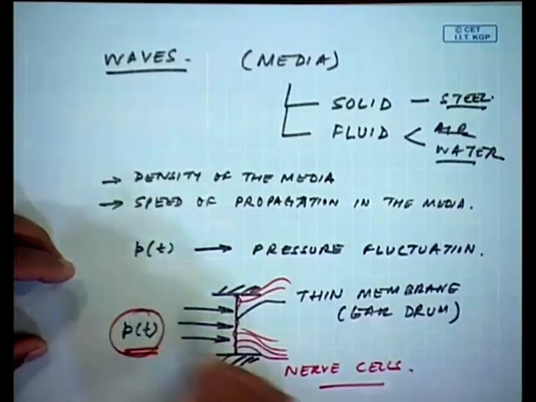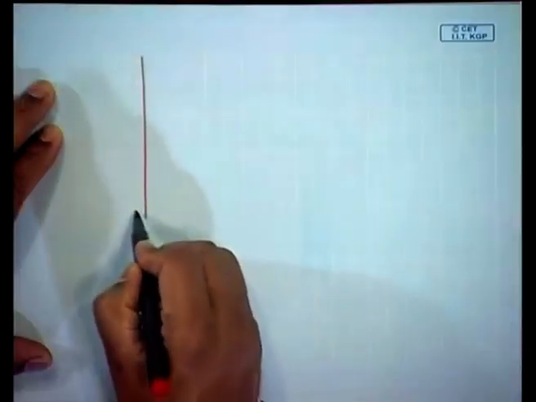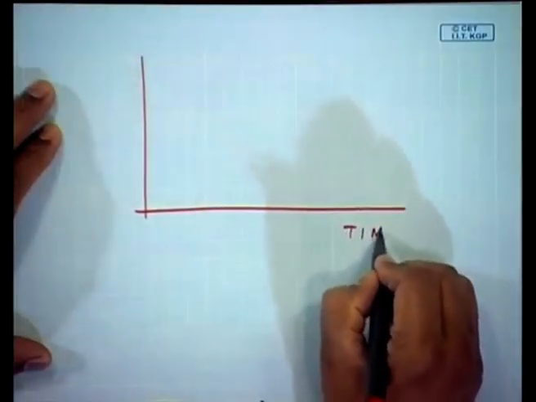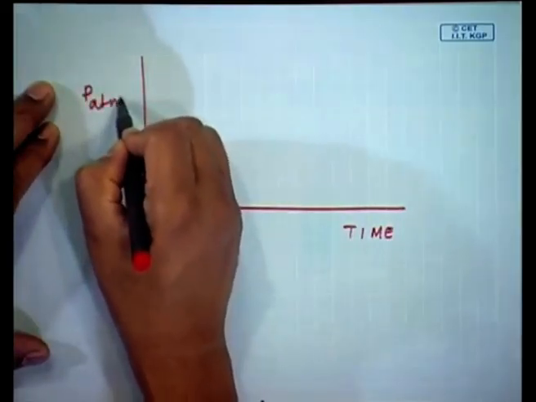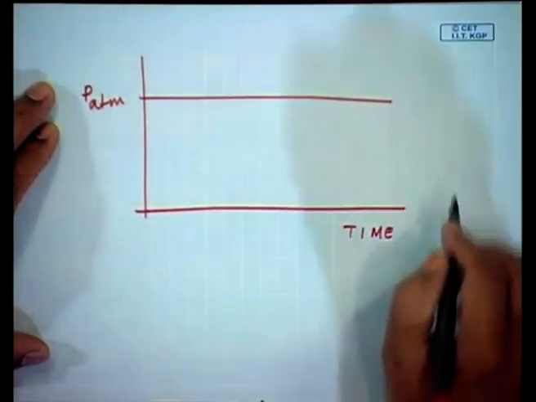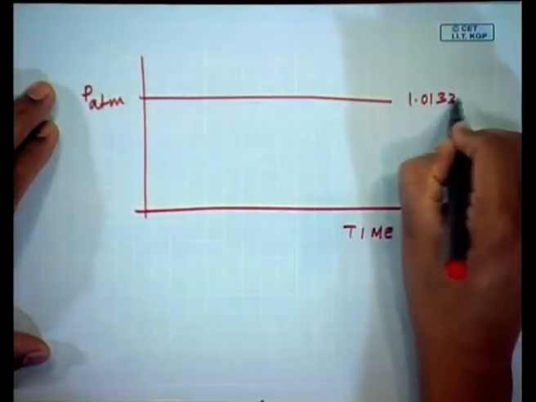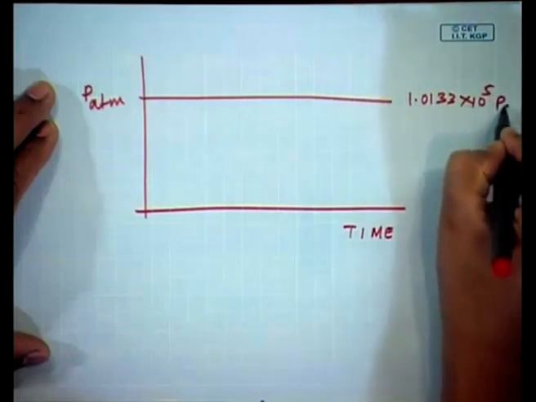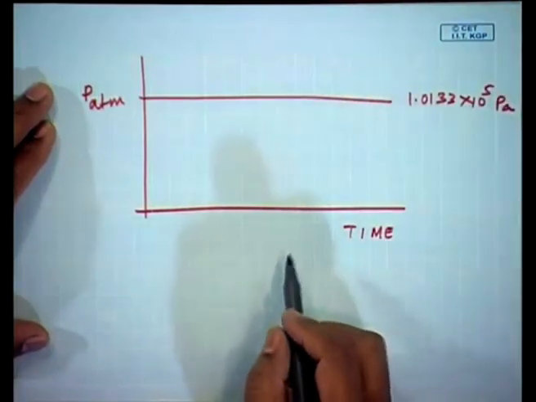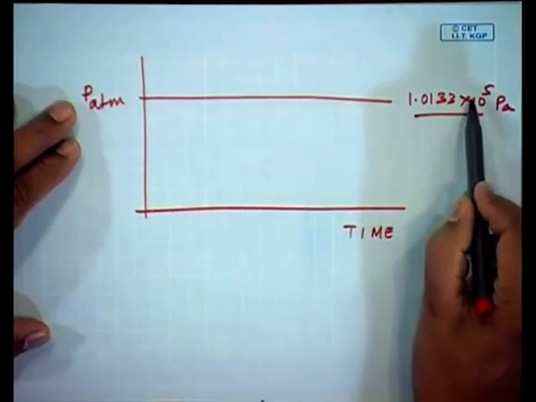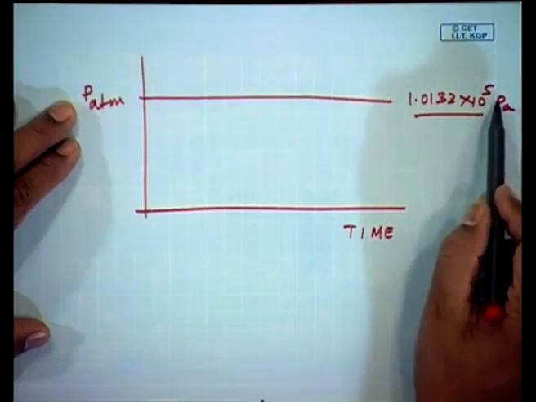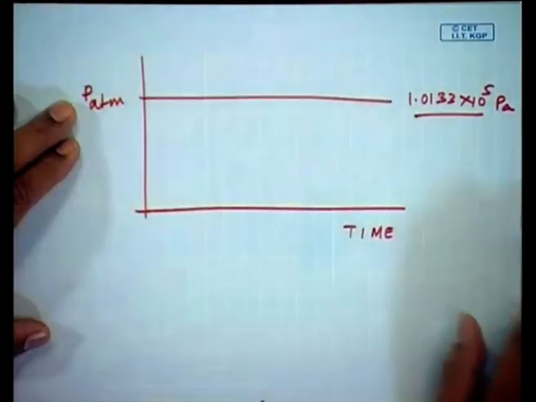But let us look into this pressure wave. For example, right now, if you plot the time history of the pressure being incident on the eardrum, this is nothing but the atmospheric pressure, and this is about 1.0133 × 10^5 pascals. This is incident on our eardrum, so this is a very high value of pressure our eardrum is being subjected to.